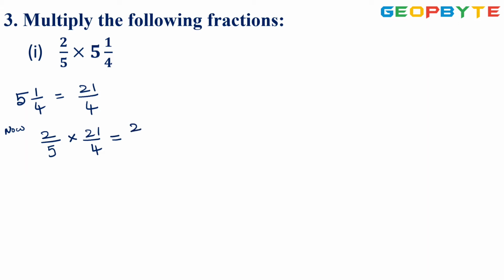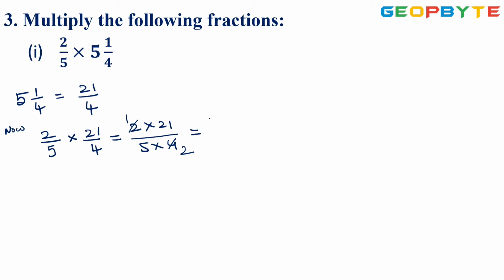Numerators we are having 2 and 21. So 2 into 21 by product of denominators. In denominators we are having 5 and 4. So 5 into 4. Now here, 2 ones are 2, 2 twos are 4.